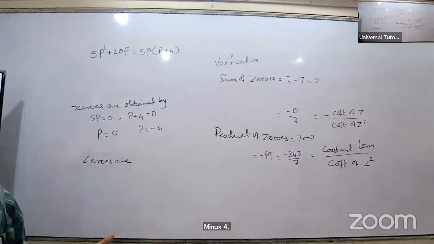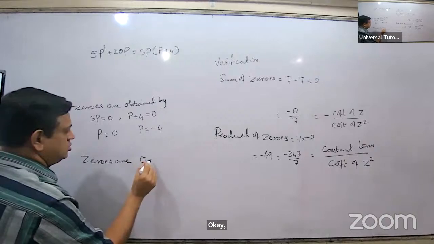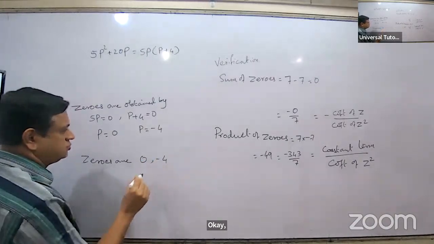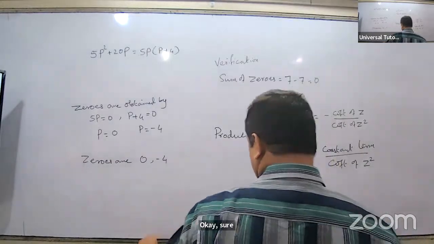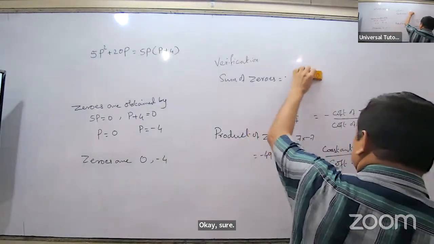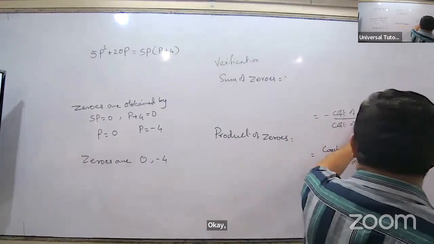You're done. Simple now. Therefore, zeros are 0, comma, minus 4. Good. Okay? If there is a difficulty, tell me. If you did not follow, tell me, sir, I have not followed, and I'll explain again.